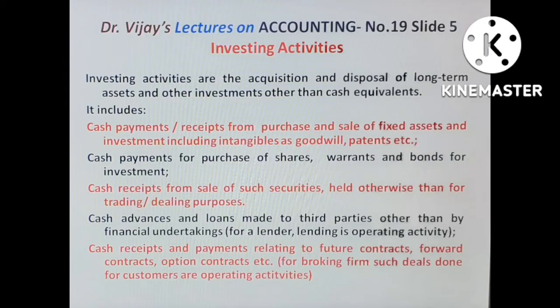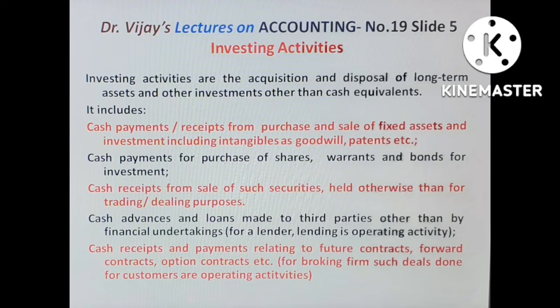Investing activities are the acquisition and disposal of long-term assets and other investments other than cash equivalents. It includes cash payments and receipts from purchase and sale of fixed assets and investments, including intangibles such as goodwill, patents, etc. Cash payments for purchase of shares, warrants and bonds for investments. Cash receipts from sale of such securities held otherwise than for dealing purposes.